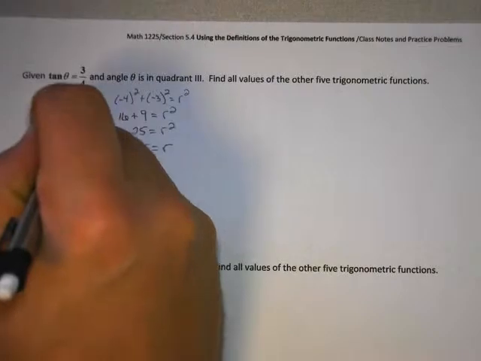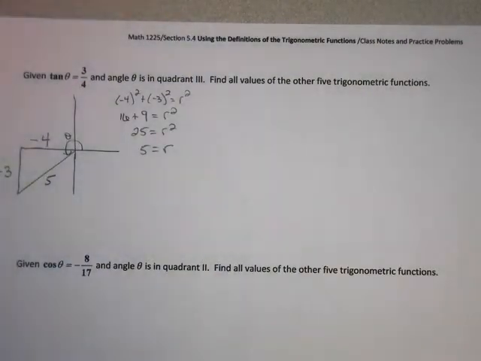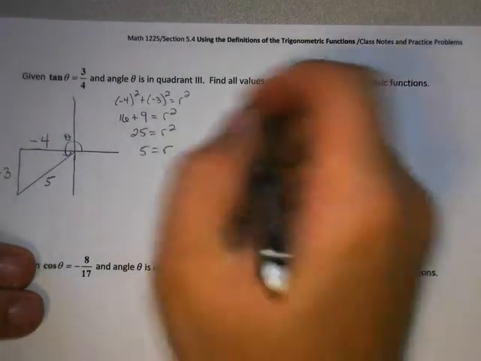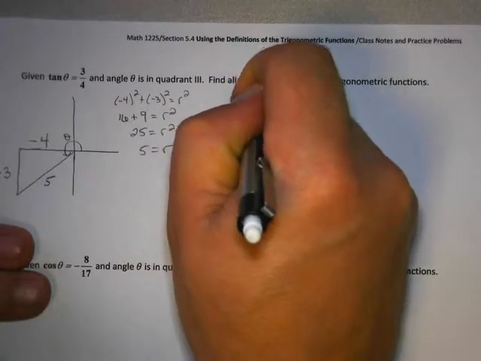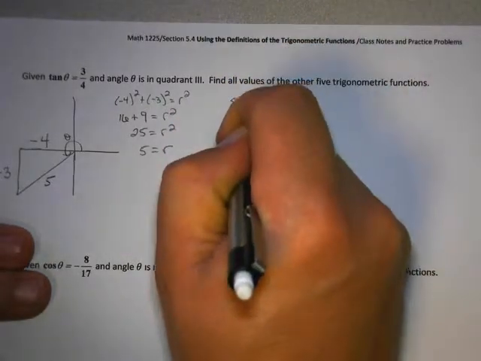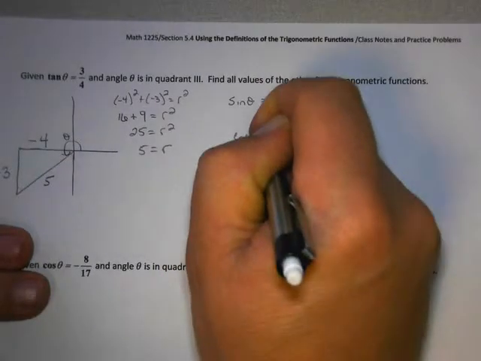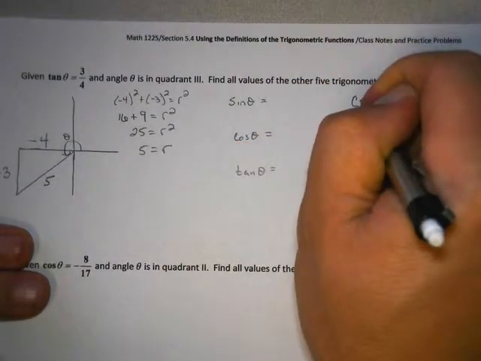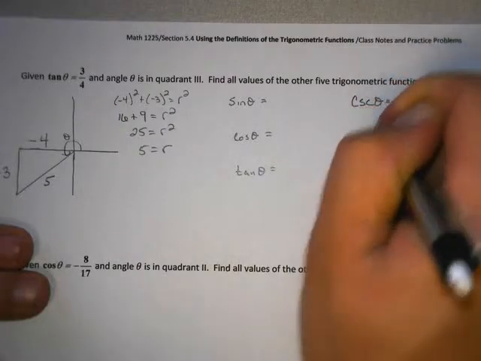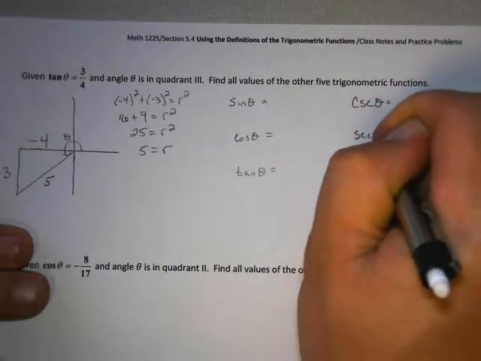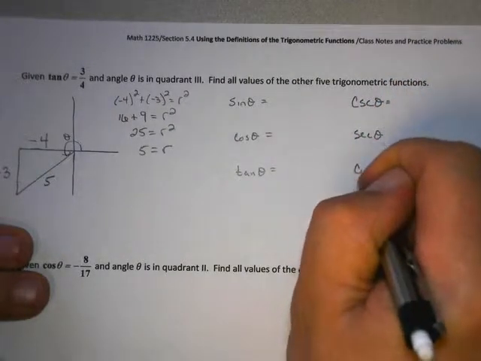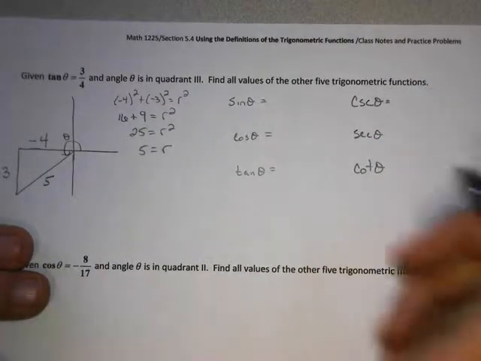Here's theta in standard position. So if we want the remaining trig functions: sine theta, cosine theta, tan theta, cosecant theta, secant theta, and cotangent theta.